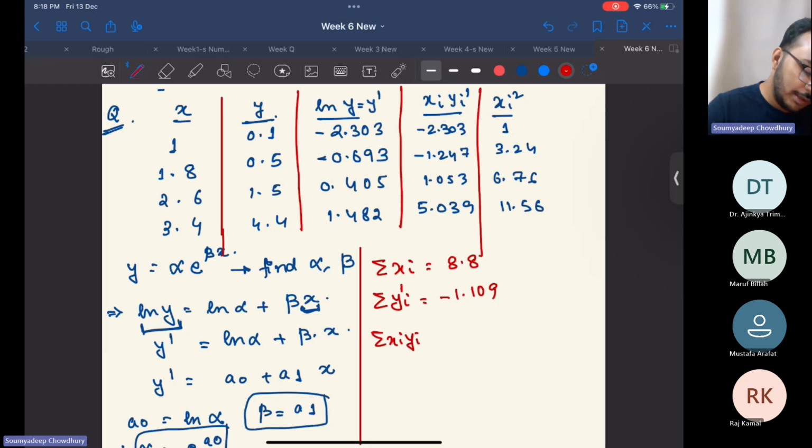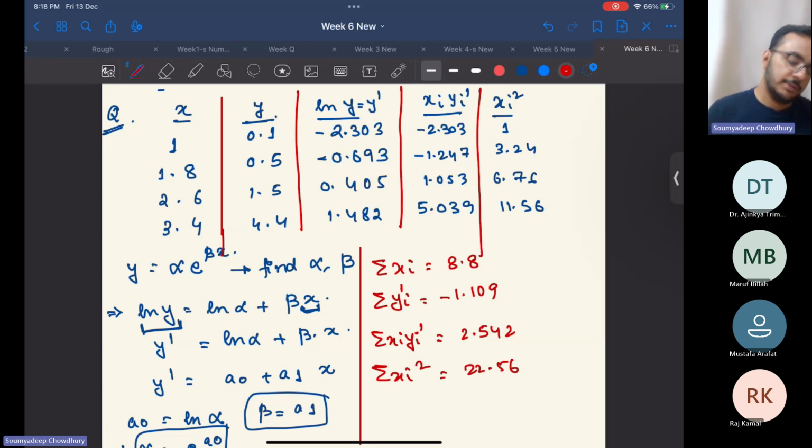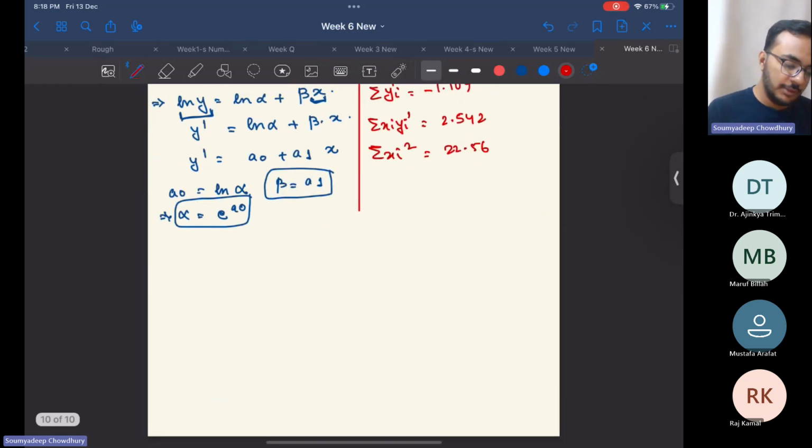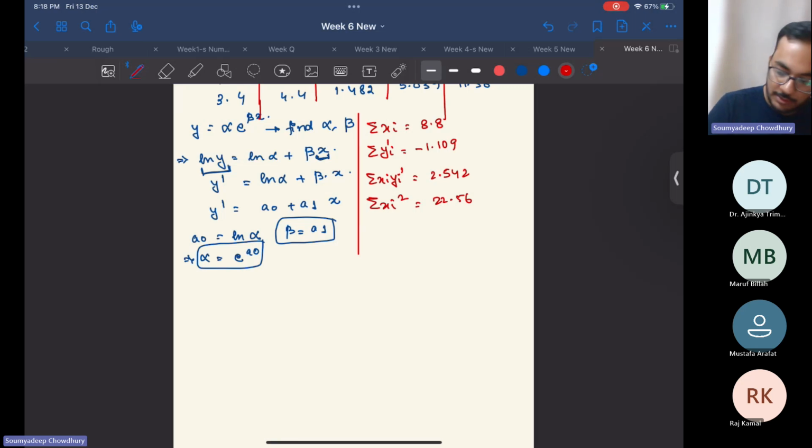Summation xi yi dash, if you sum up, comes to 2.542. Summation xi square is 22.56. Now from this, you can substitute in the formula for a naught and a1.